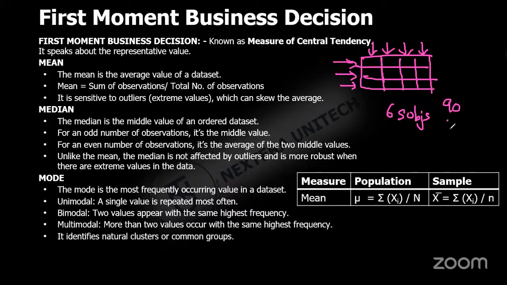In Hindi, probably 85. In English, just 80. Maths, 95. Science, 90. And finally, Social, 88. These are the marks that I have secured out of 100 in each subject.